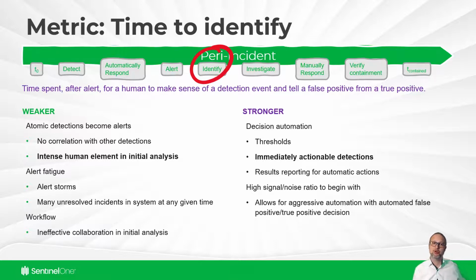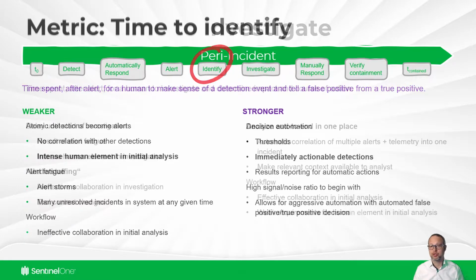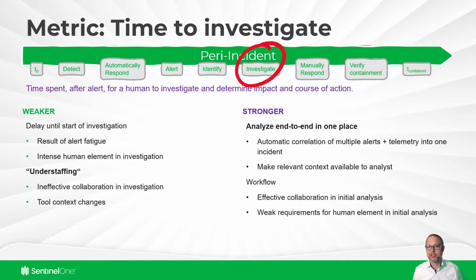So there are potentially new actions that need to be correlated into it. So the stronger approaches provide you with an identifiable, understandable incident view that already has an actionable detection. So pre-correlation, really important.